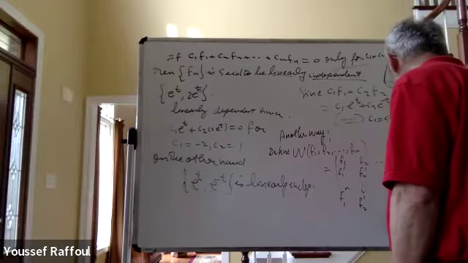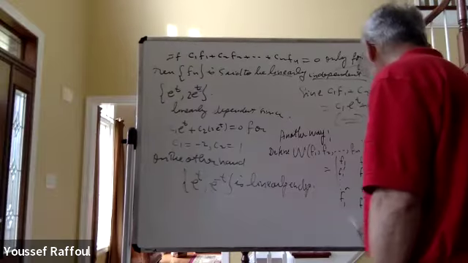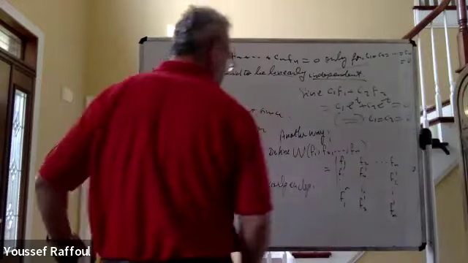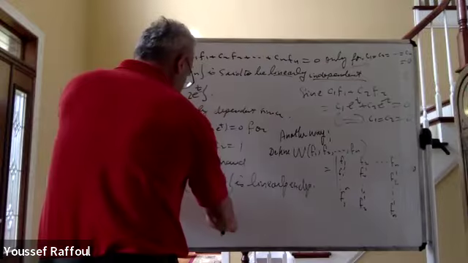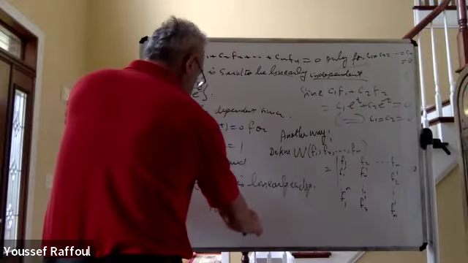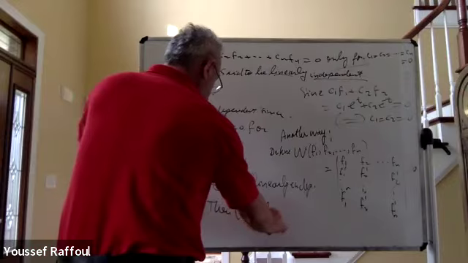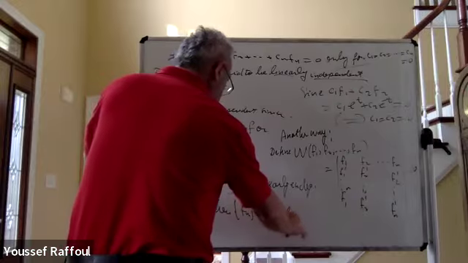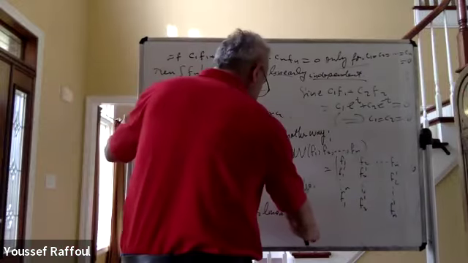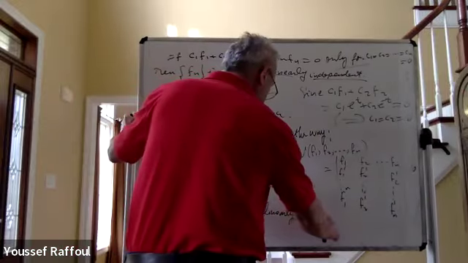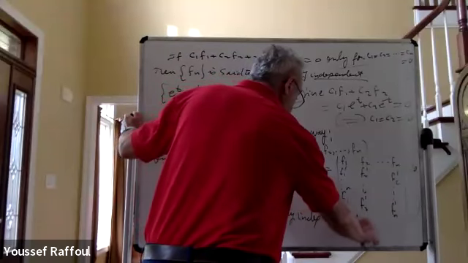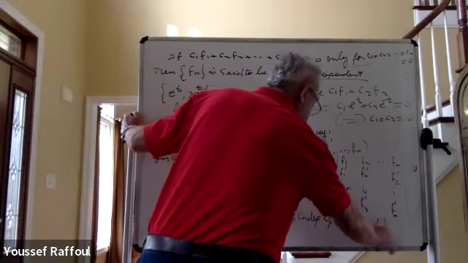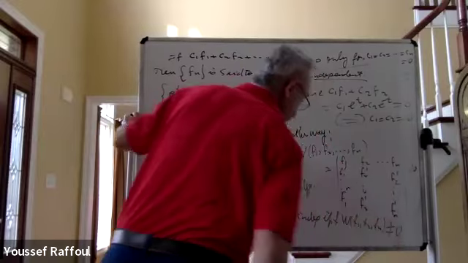This is the determinant, okay? Then the f_i are linearly independent if and only if W of f1, f2, fn is not 0.